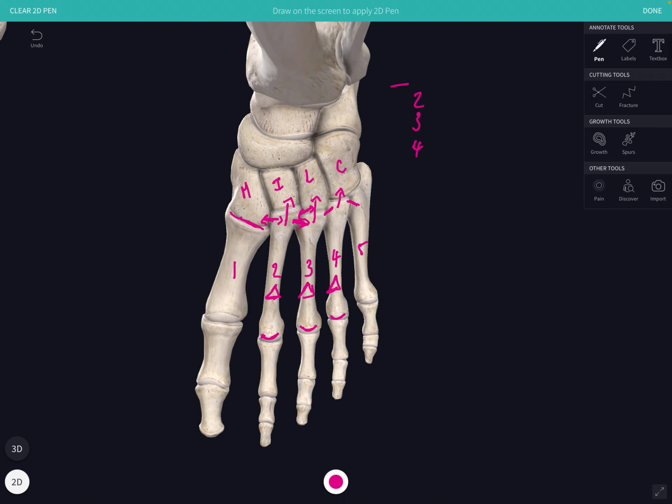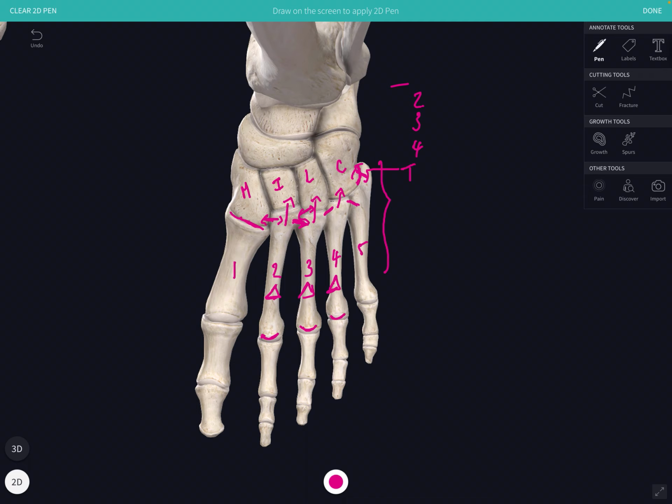The fifth metatarsal has a triangular articular facet which articulates with the cuboid. So there's an articulation between the base of the fifth there and the cuboid. The lateral side of the base of the fifth metatarsal bears a prominent tubercle which projects backwards and laterally.